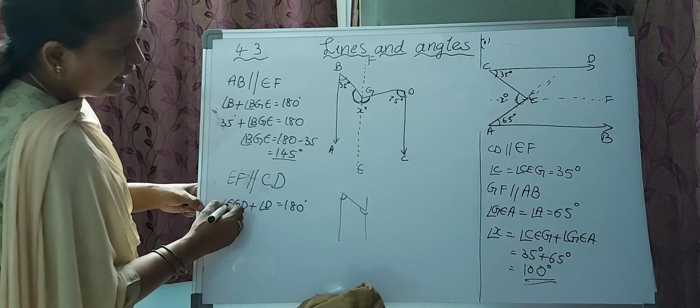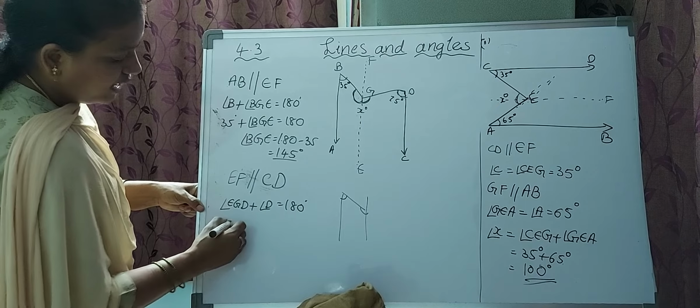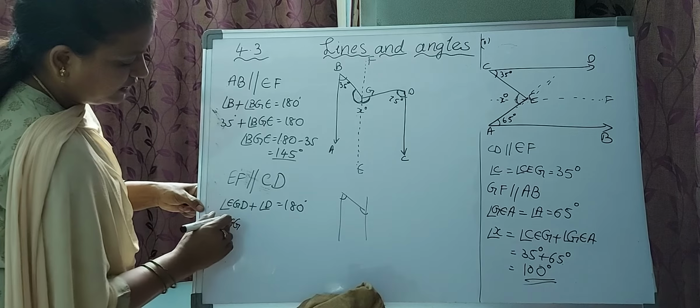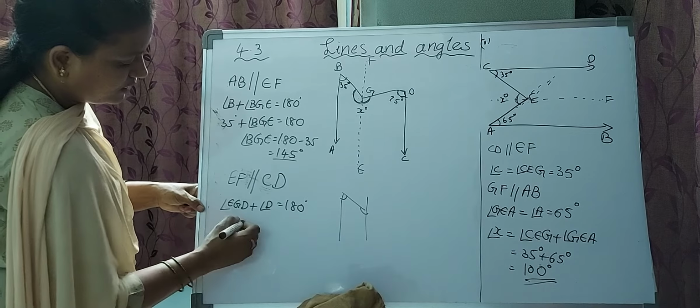Angle EGD we don't know, and angle D we know is 75. So angle EGD is equal to 180 minus 75. So 10 minus 5 is 5, 7 minus 7 is 0, 1, 105 degrees.